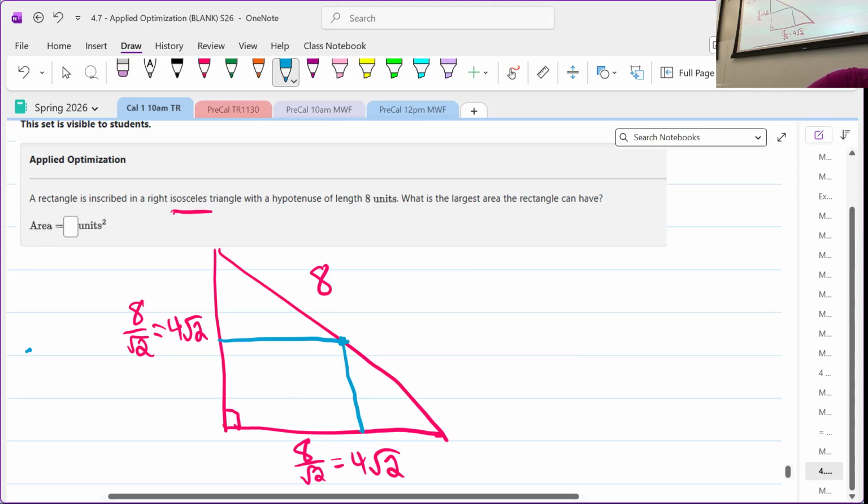I'm trying to maximize the area of the rectangle. So that means I need labels for the dimensions of the rectangle. So I'd go with X and Y. But now I need a formula that relates X and Y together.